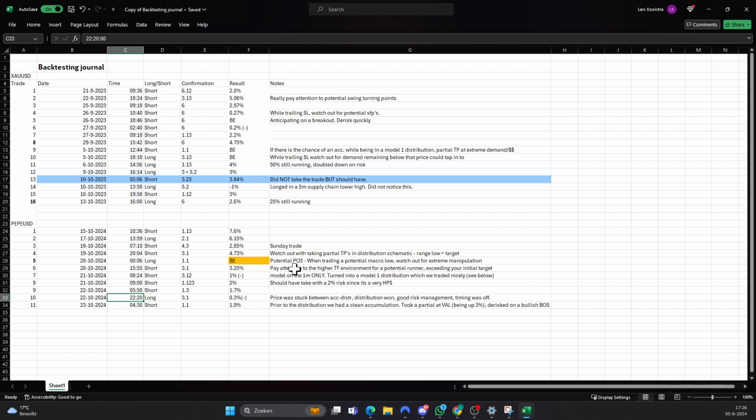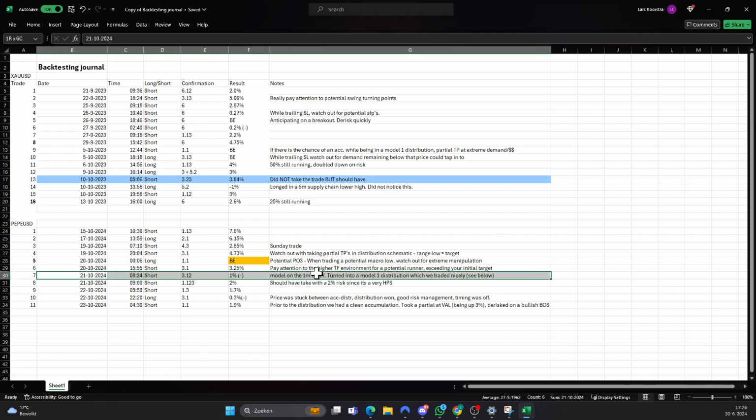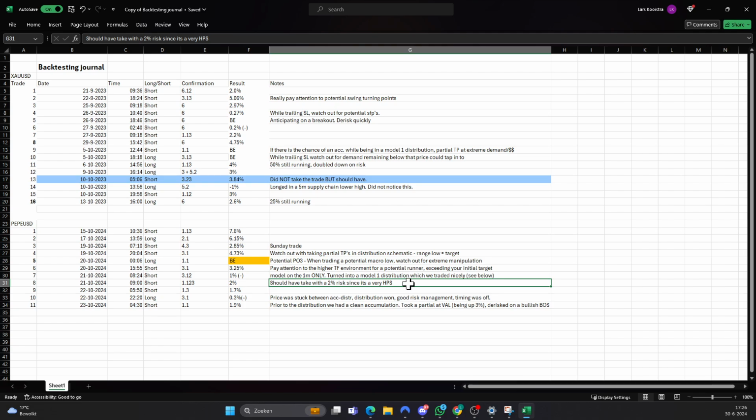Looking at the notes, we should pay attention to the higher time frame environment if we can, and maybe exceed our target for a better RR and a better gain on the trade. Then this was just unfortunate. These types of trades happen. This 1% loss, don't be really bothered about it, because right after this loss, we made it back and twice as much, right?